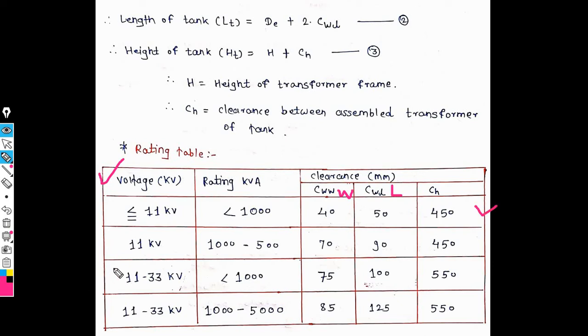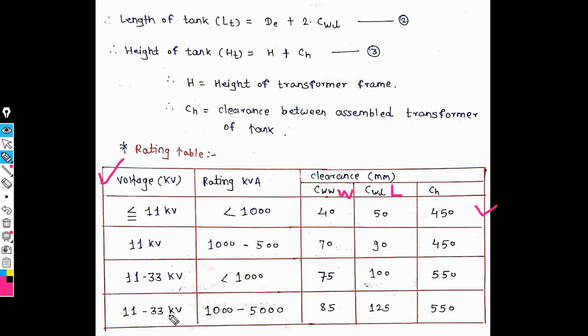Then transformer voltage is 11 kV and the rating is 1000 to 5000. These are the important values of CWW, CWL and CH. Then for 11 kV to 33 kV, rating less than 1000, the values are 75, 100, 550.